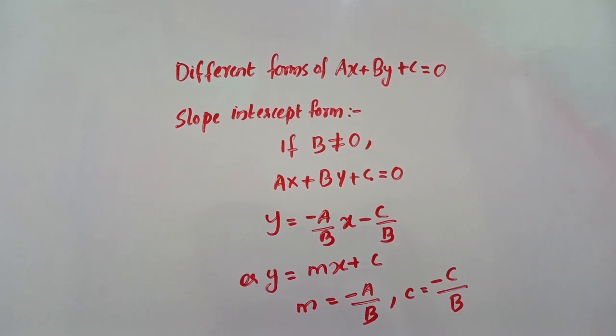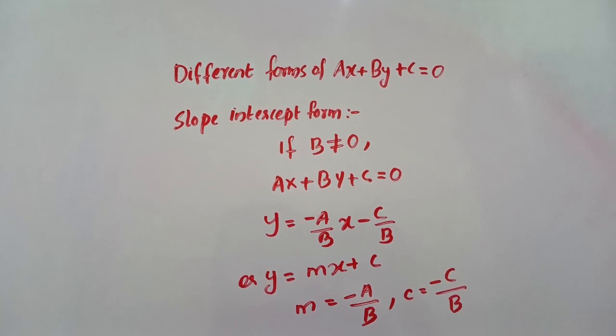This is the slope intercept form of the equation ax plus by plus c is equal to 0.